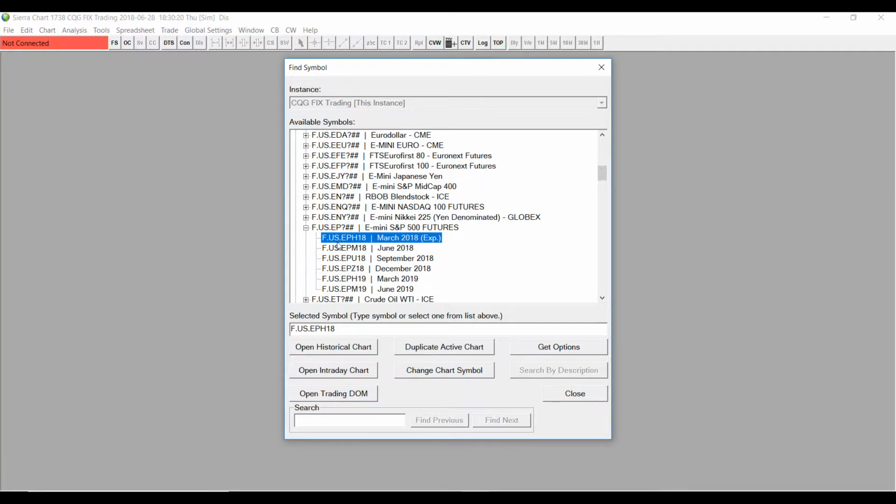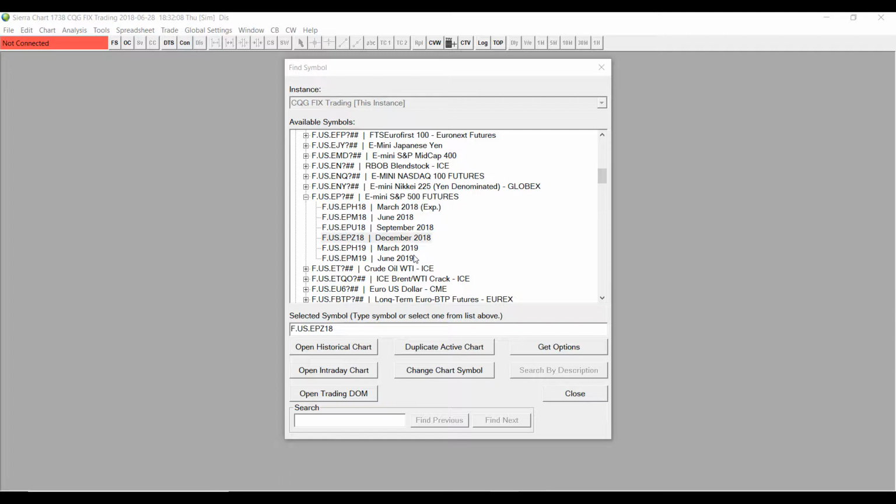As you can see, for the March contract, which has expired, it is F.US.EPH18. Now you can manually search for a symbol in this platform by simply highlighting this bar and manually entering in the contract you'd like, or you can do it the method in which I just did by expanding through these search bars and specifically selecting the symbol you'd like to open.